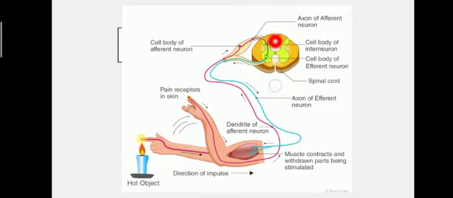Then, with the help of the association neuron, or connecting neuron or relay neuron, the impulse is transferred to the efferent neuron or the motor neuron.